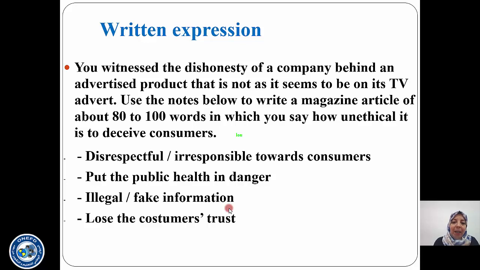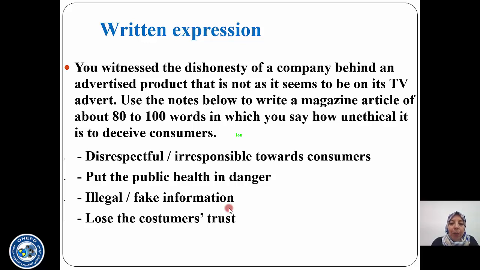Now let's move to the last part, which is the writing. Now, after having revised all this grammar, it's time to reuse it in order to produce something that is related to the text that we dealt with in the beginning of this lesson. So the topic says, you witnessed the dishonesty of a company behind an advertised product that is not as it seems to be on its TV advert.